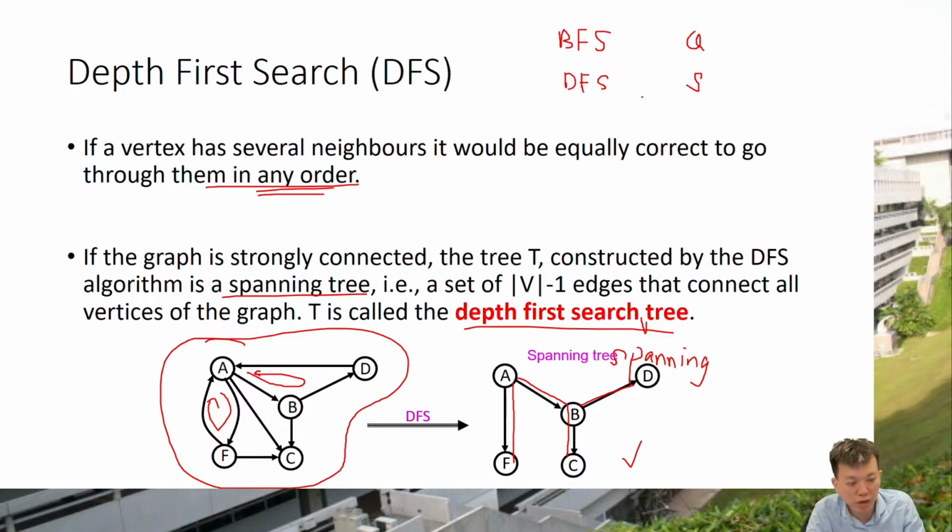That will let you travel as far as you can before you backtrack, recovering back to the earlier stage to find any unvisited nodes which you have discovered earlier but have not visited yet. So not surprisingly, depth-first search uses a stack.